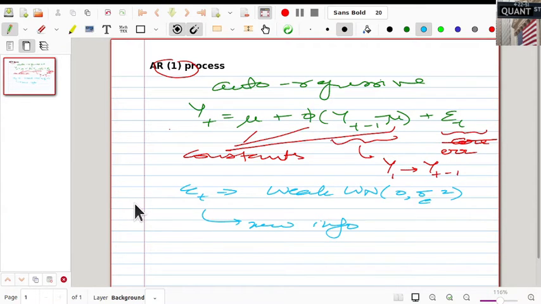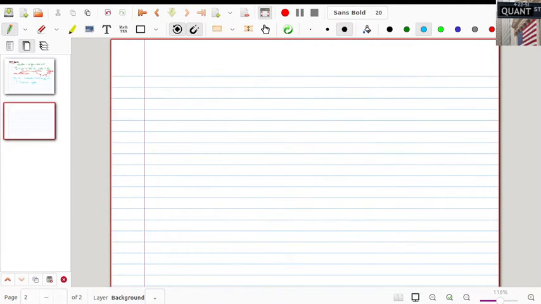So now that we've broken it down, let's take a look at some of the properties of the AR1 process. Let's say we have this AR1 process, y1, y2, and so on up to yt.